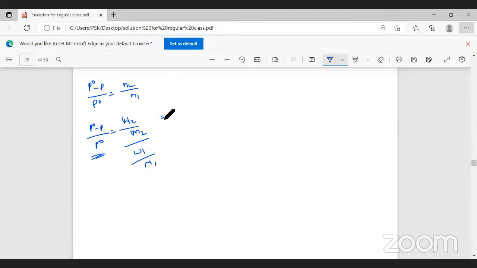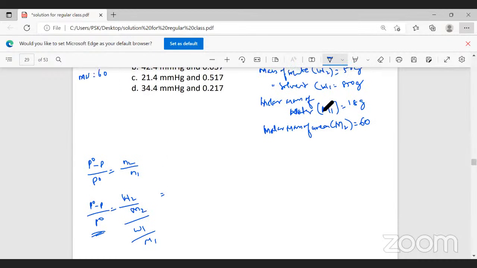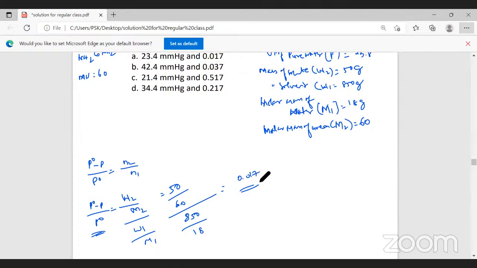W2 is 50 grams of urea, and the molecular mass of urea we found to be 60, divided by W1, the weight of water, 850, divided by the molecular mass of water, 18. On simplification, you will get 0.017. So the relative lowering of vapor pressure is 0.017.